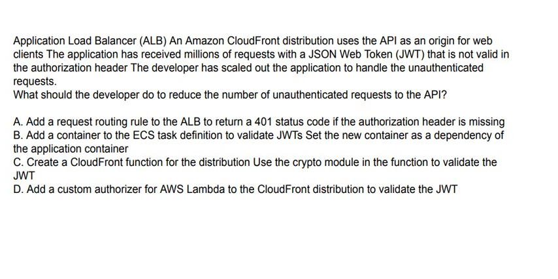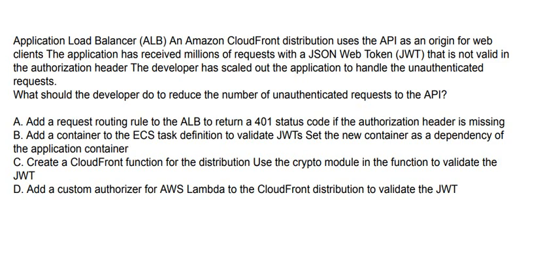Option A. Add a request routing rule to the ALB to return a 401 status code if the authorization header is missing. Option B. Add a container to the ECS task definition to validate JWTs. Set the new container as a dependency of the application container.